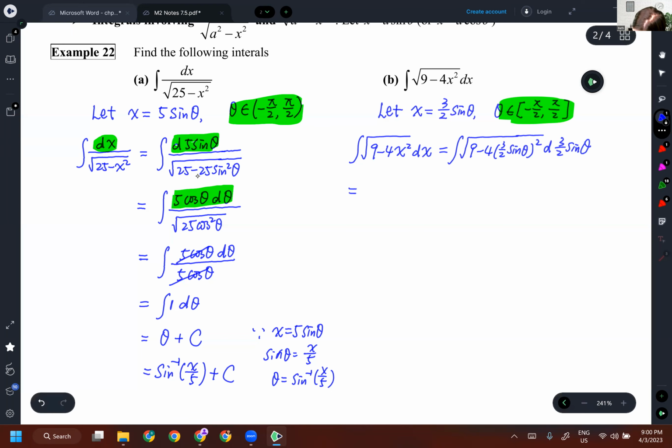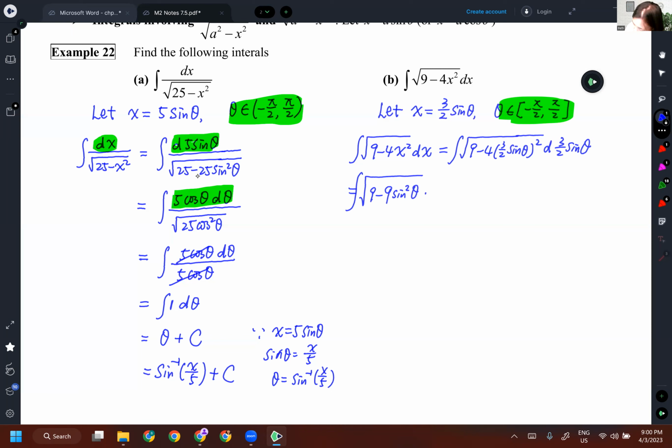And then this one is the real substitution. That is 3 over 2 cosine theta d theta. That's the real substitution I must highlight.